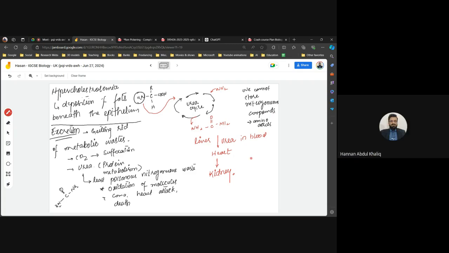Now, how do we remove the urea? We remove urea with the help of urine. We have two systems running in our body. One is called the excretory system.